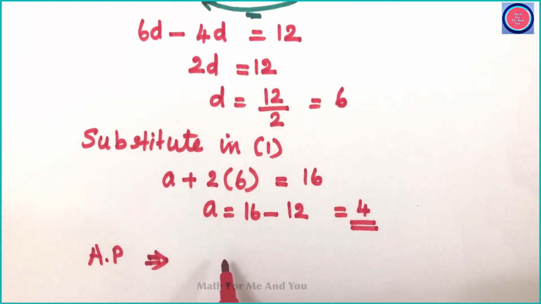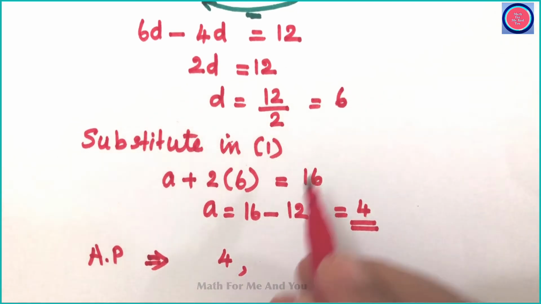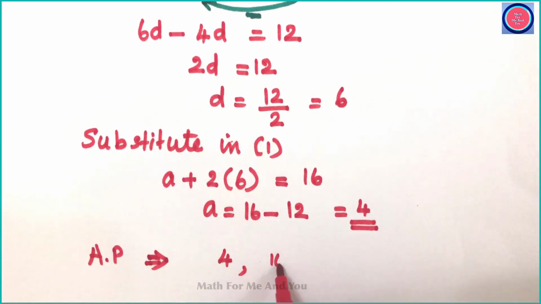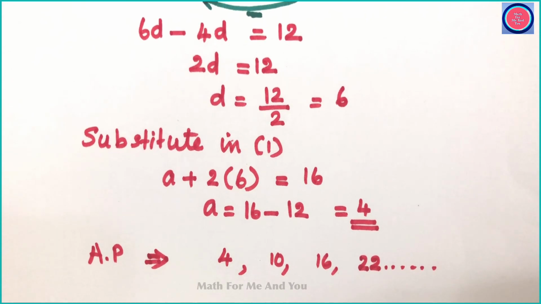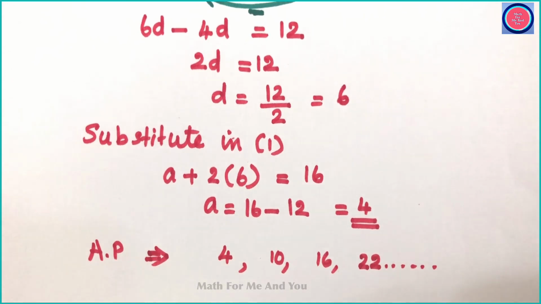We could start with the 4. Then second term is 4 plus 6, that is 10. Third term is 10 plus 6, 16. So we can write this AP, every number plus 6. 16 plus 6, 22, etc. The AP is 4, 10, 16, 22, etc.